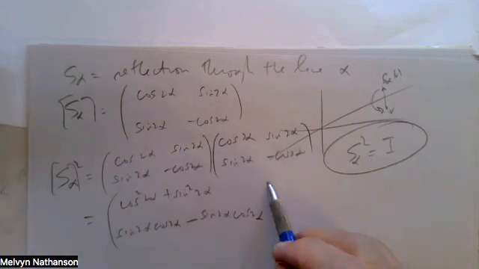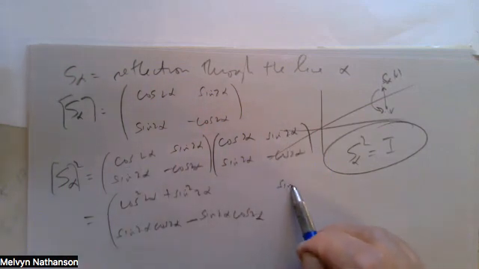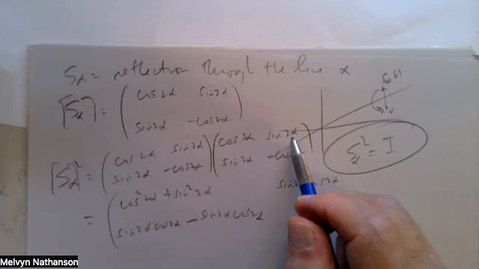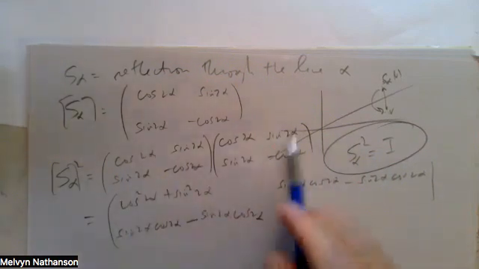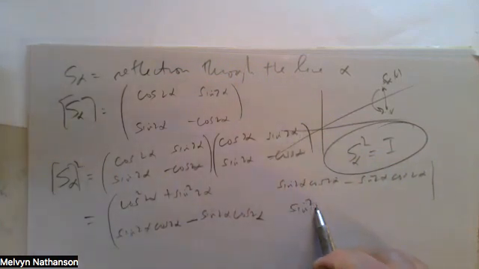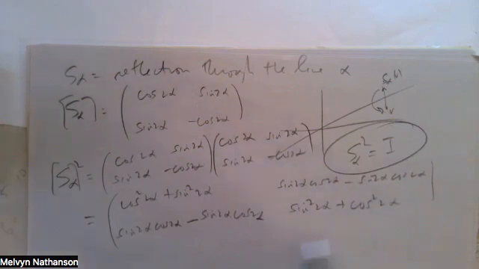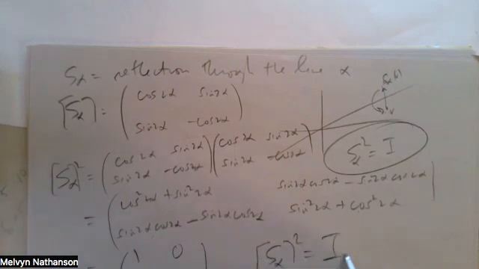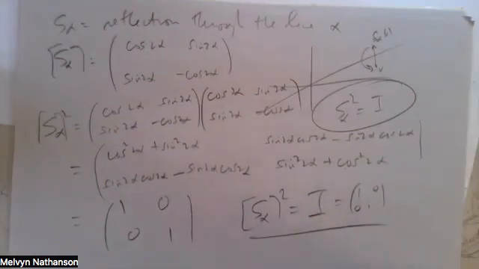So what's the second column? Sine 2 alpha cosine 2 alpha minus sine 2 alpha cosine 2 alpha. In second row, second column, sine squared 2 alpha plus cosine squared 2 alpha. Cosine squared plus sine squared is 1, and this minus itself is 0. So if I take the matrix for S alpha and I square it, I get the identity matrix. So everything is consistent, and this works out the way it should.